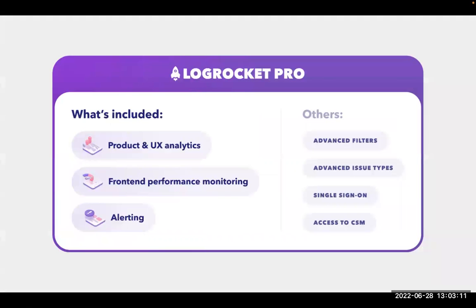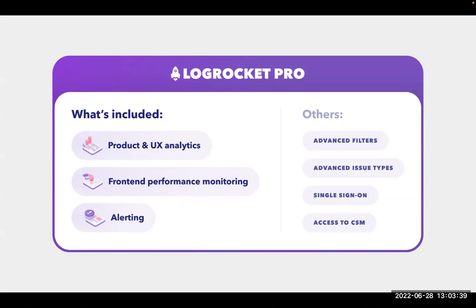We're going to hop into the demo right after the slide. I just wanted to briefly cover what's included in Pro. Funnels, heat maps, and path analysis all fall under product and UX analytics. Then we have front-end performance monitoring along with alerting on those performance metrics, so you can be more proactive about addressing those issues. On the other side, we also offer advanced filters and issue types that we'll dive deeper into later.